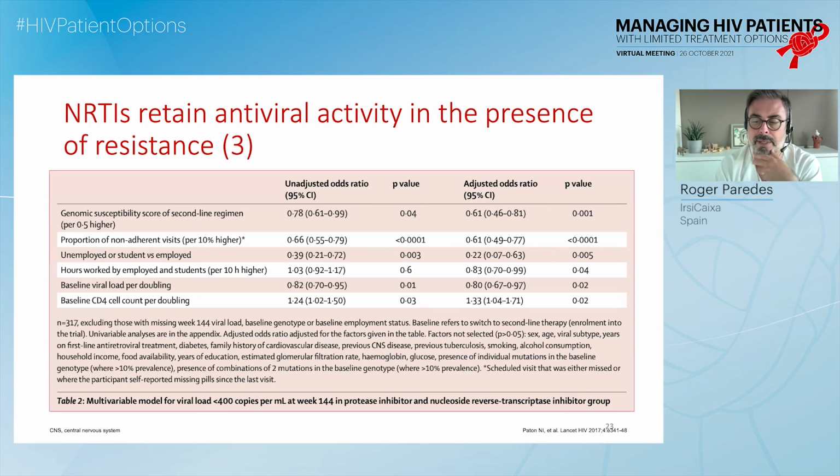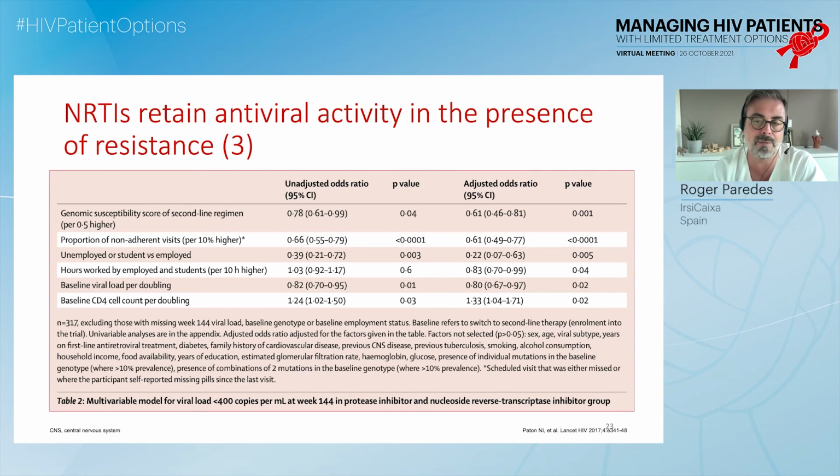And in these same analyses, this multivariate analysis showed that a lower GSS score of the second-line regimen was associated with increased risk of non-suppression.